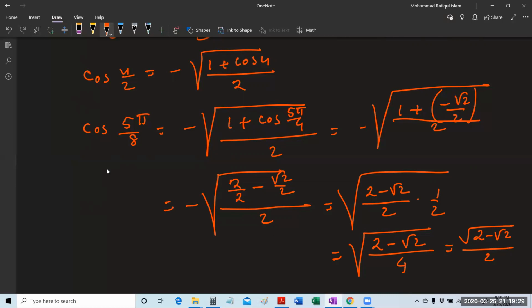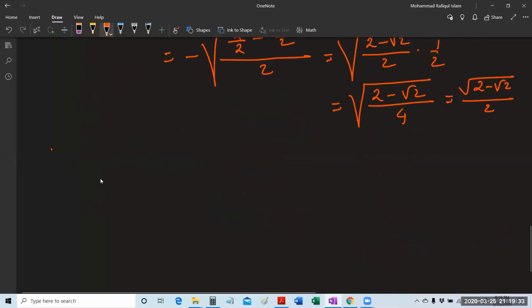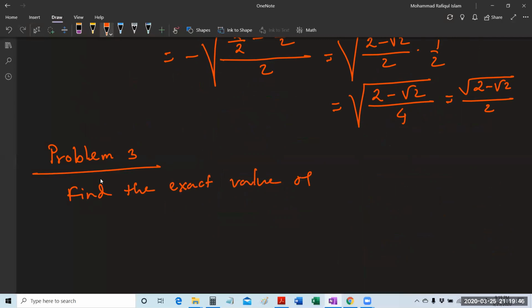The third problem, find the exact value of sine pi over 12. So look at the angle here, pi over 12.